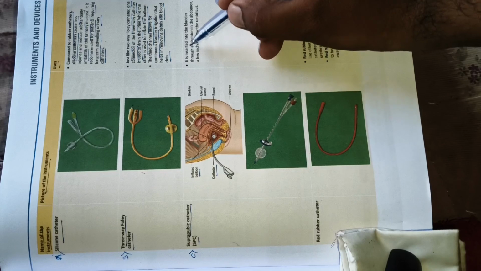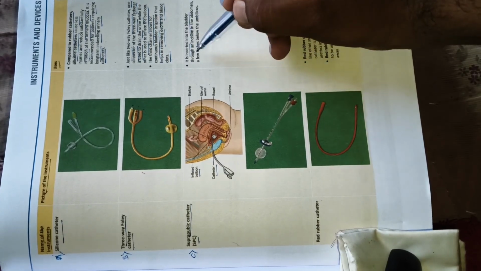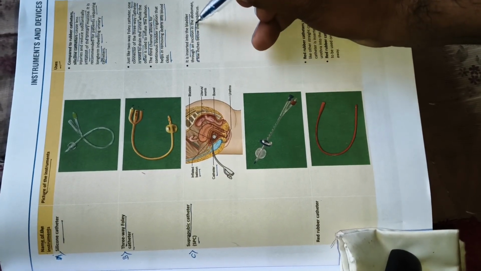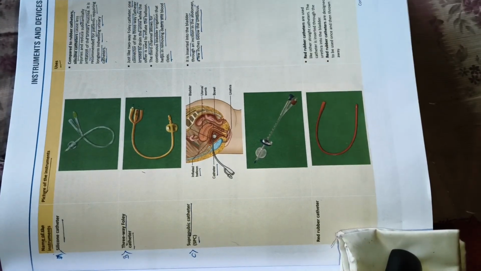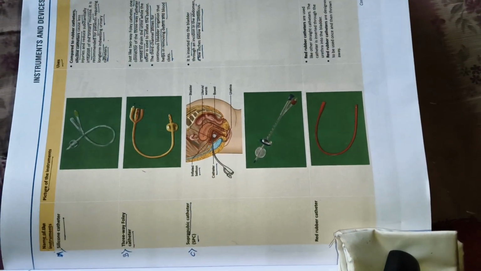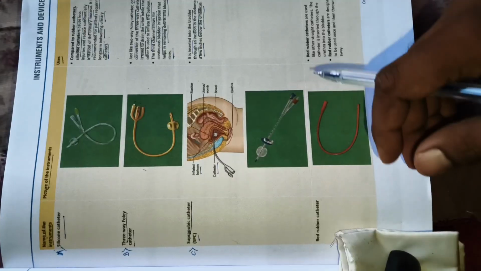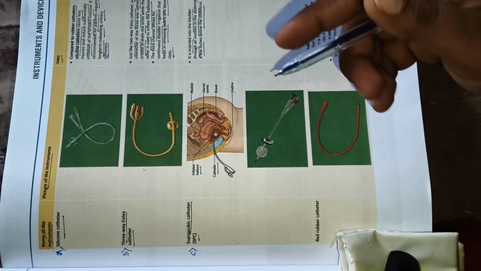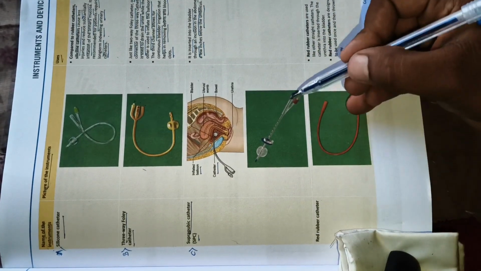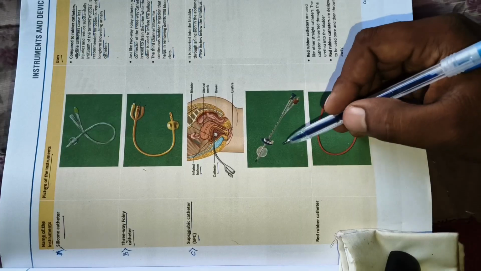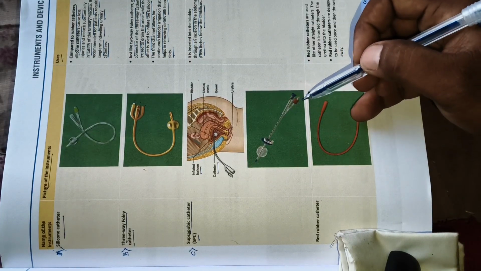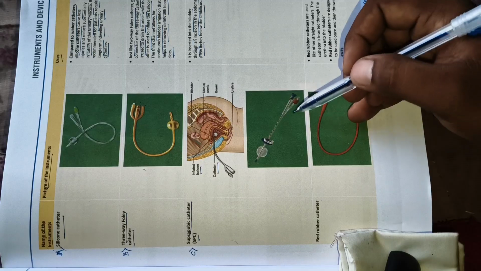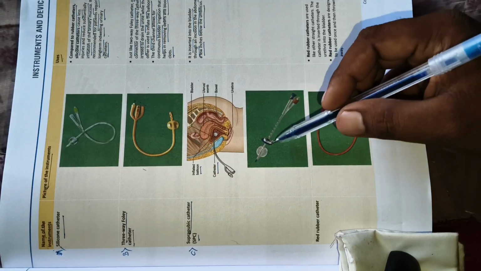Uses: it is inserted into the bladder through an incision of the abdomen a few inches below the umbilicus. This is suprapubic catheter.